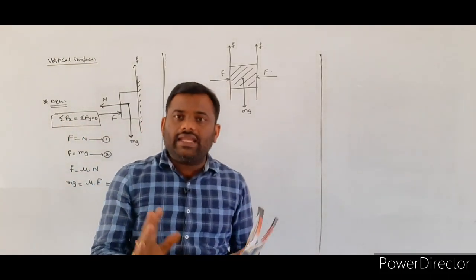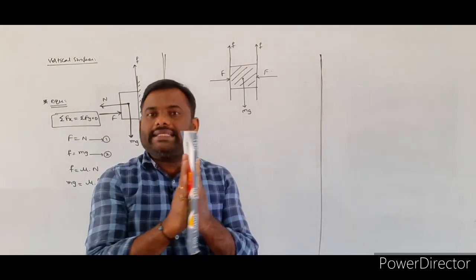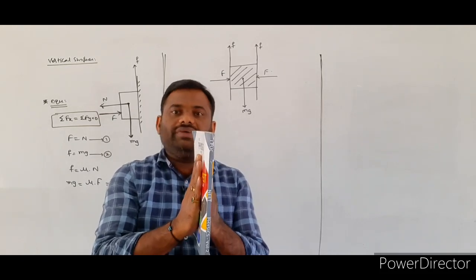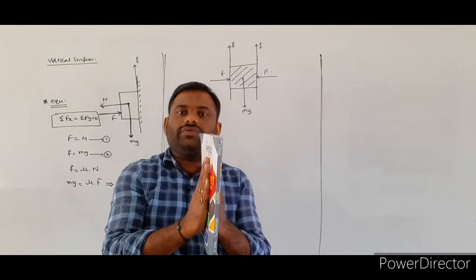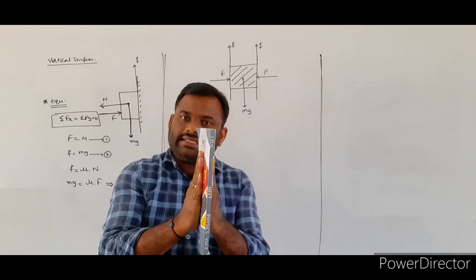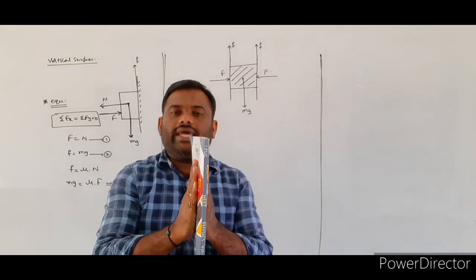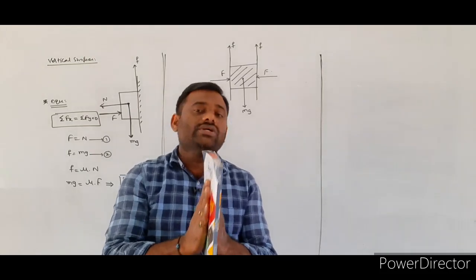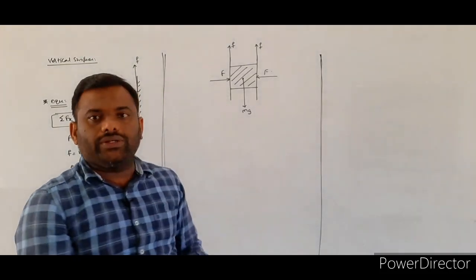See here, they have given a book. The book is pressed between our two hands. So in this situation, the book itself will be in the state of the equilibrium due to the equal amount of the forces that are applied by our hands. So that is the application we are going to discuss.